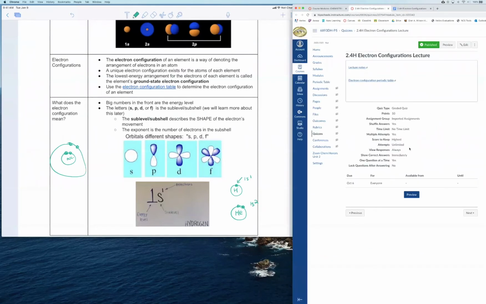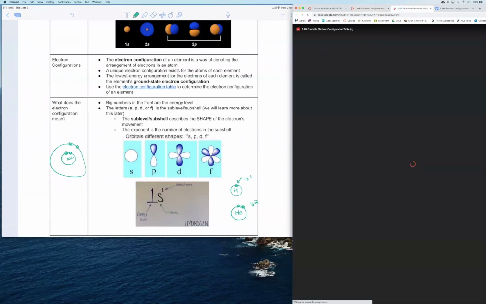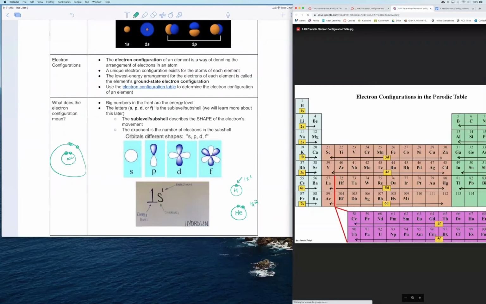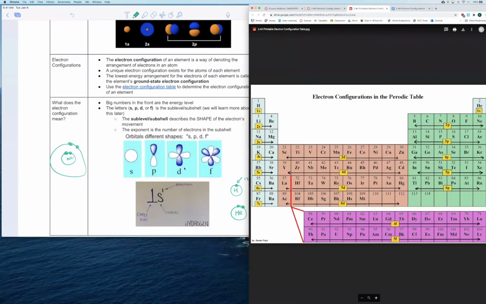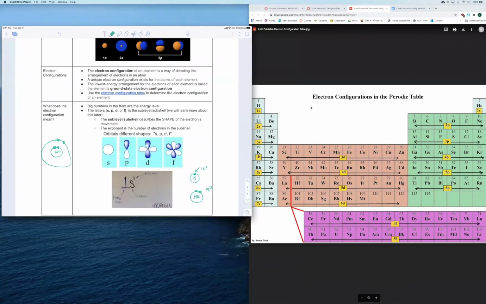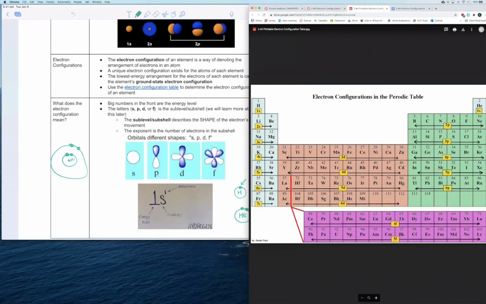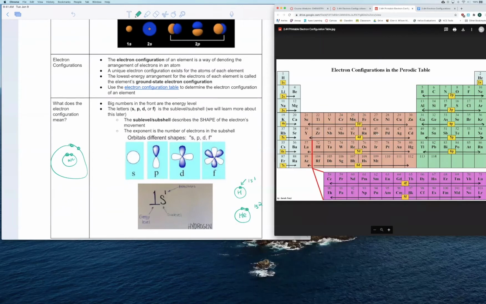So we're going to be mainly using this today. If we were in the actual classroom, I would have you memorize this, but since we're doing distance, you can just use this.